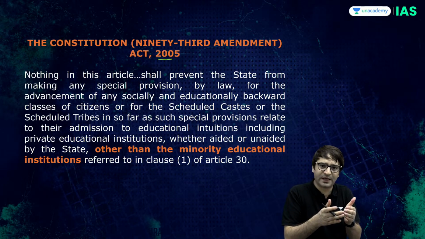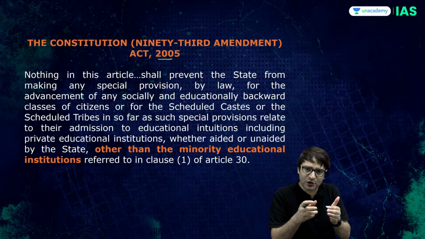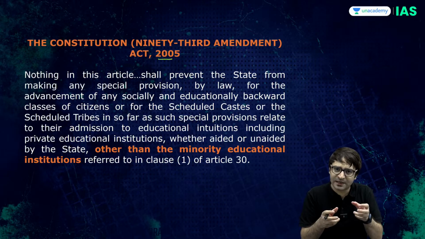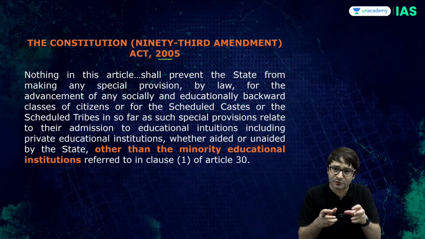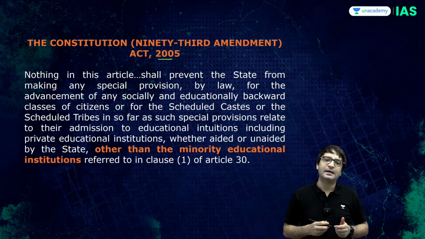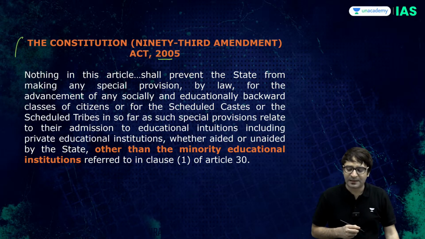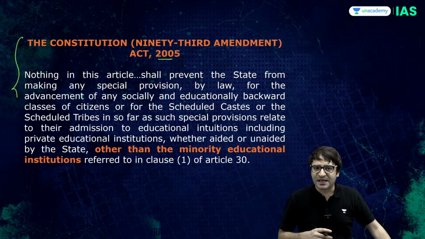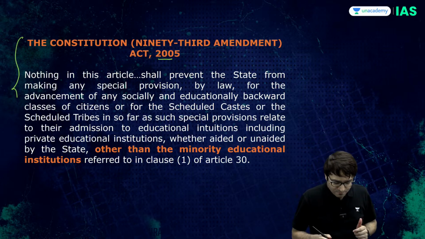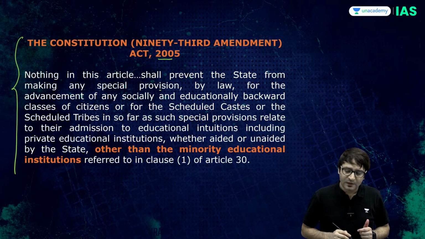Not just that, it should be extended to aided educational institutions which receive aid from the state, as well as unaided private educational institutions. And this was done by the 93rd Constitutional Amendment Act, which says that the state can make provision for what?